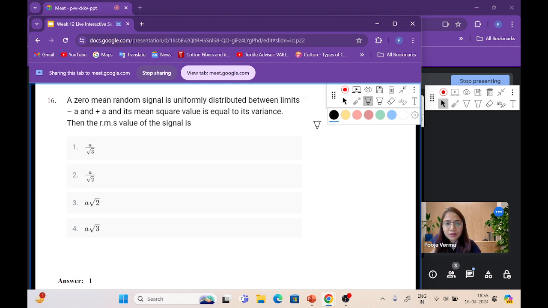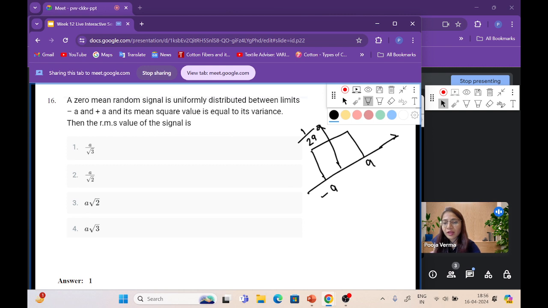As it is given, a zero mean random signal is uniformly distributed, that means in the limits of minus a to a, and its magnitude will be 1 upon 2a. Now we need to find out the RMS value.